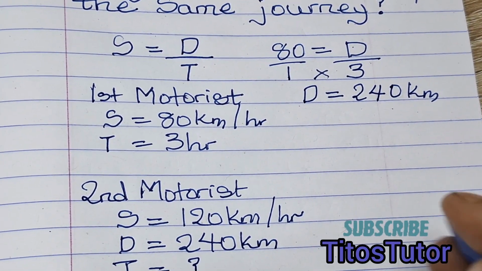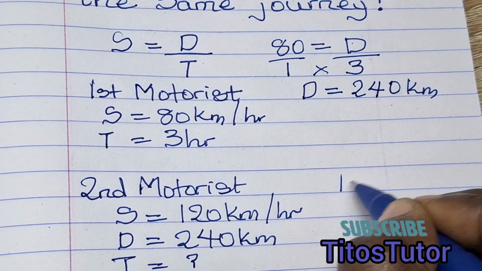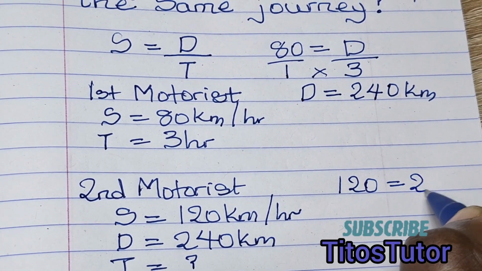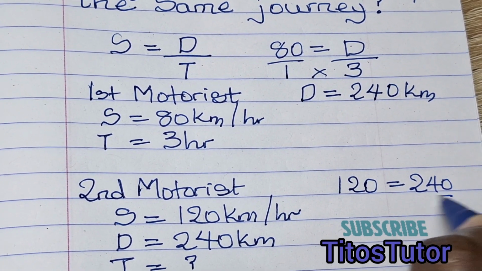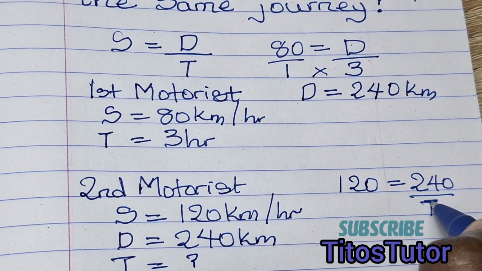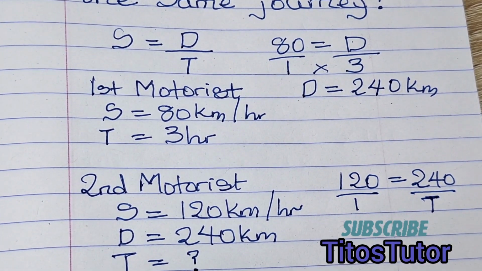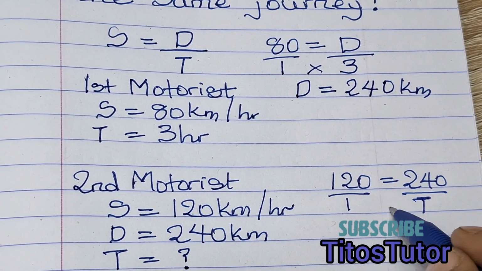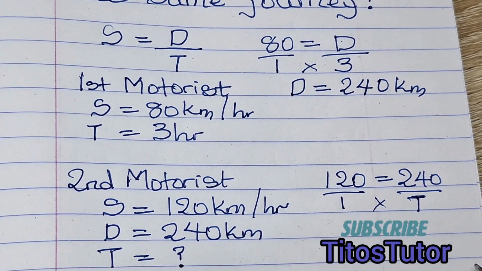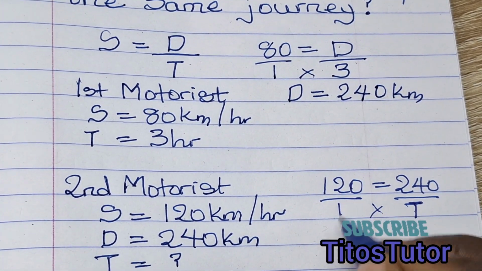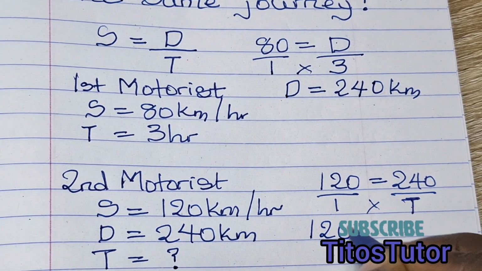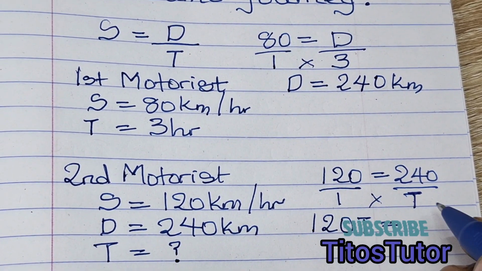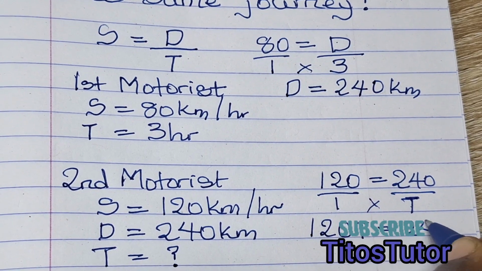Okay, so let's do that. Speed is 120 is equal to distance 240 all over time. We're looking for the time. Now all we need to know is two fractions are equating each other, so we cross multiply. T multiplied by 120 gives me 120t, and 240 multiplied by 1 is 240.